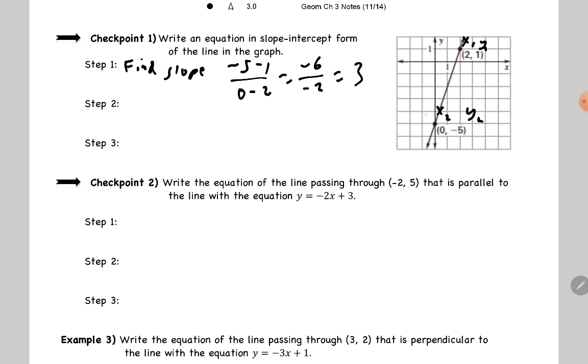Y-intercept. It's shown for us. It crosses at (0, negative 5). Step 3, y equals mx plus b.